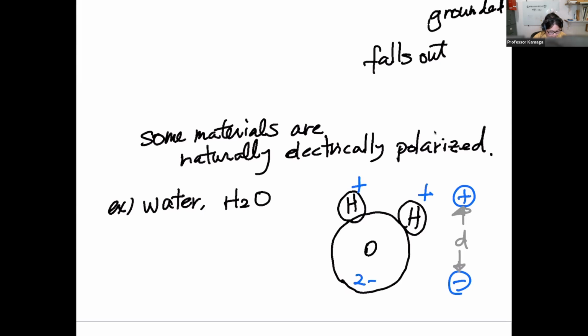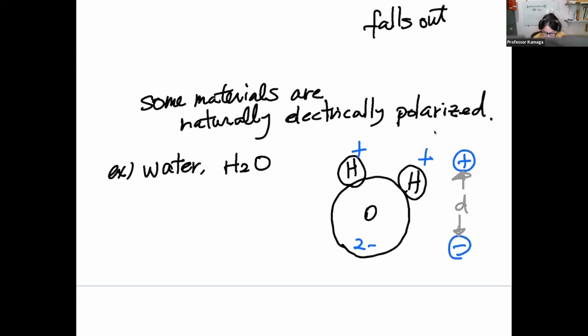So water is naturally polarized. And whenever you have a positive and negative as a pair, this is called an electric dipole. When you have a plus on one side and a negative on the other side, that's called an electric dipole.